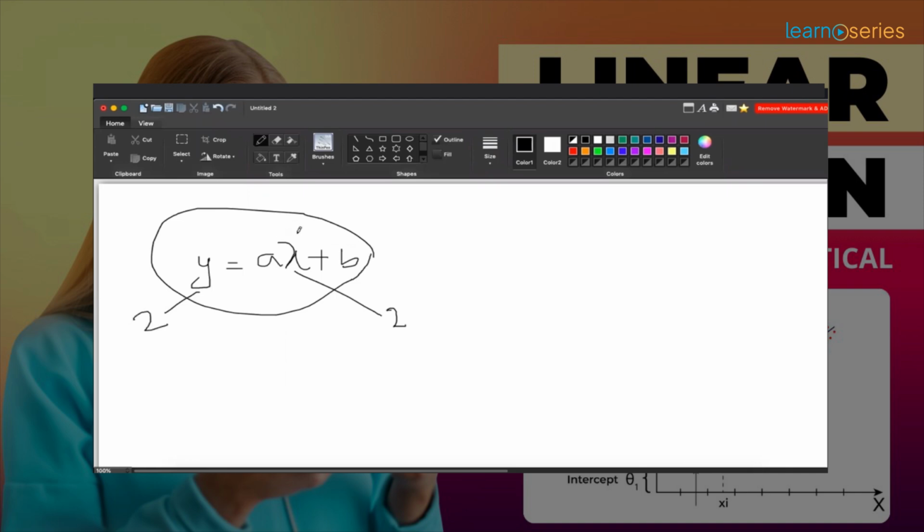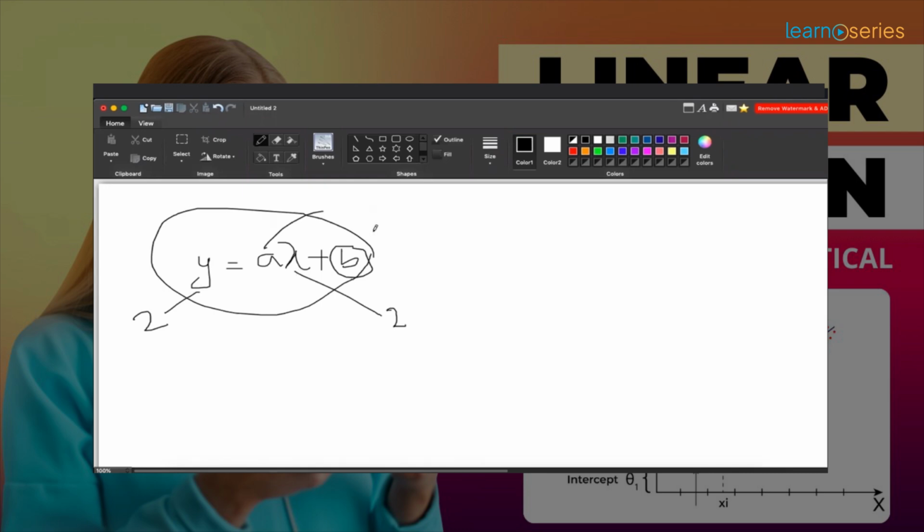That means x and y are linearly related. If x increases by 5, then y increases by 5, because the others are constant. It's a constant, also a coefficient. The only variable is x here, and the output is y. So whatever the amount x changes, the same amount y will change.